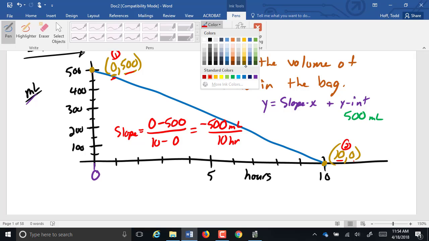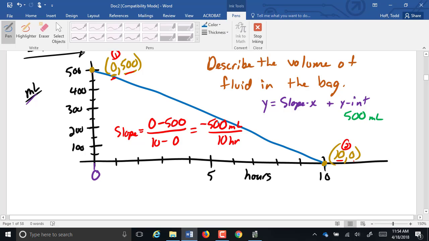So our slope here of being negative 500 milliliters over 10 hours, we can divide that out. Negative 500 divided by 10 is negative 50 milliliters per hour. So the negative just tells us that the volume is decreasing, getting smaller. A negative rate of change means something is getting smaller at a rate of 50 milliliters per hour.